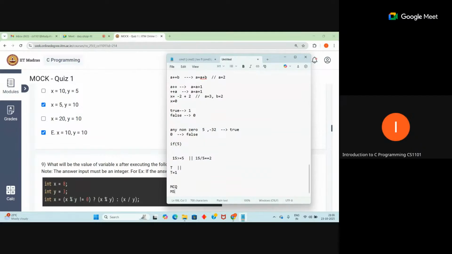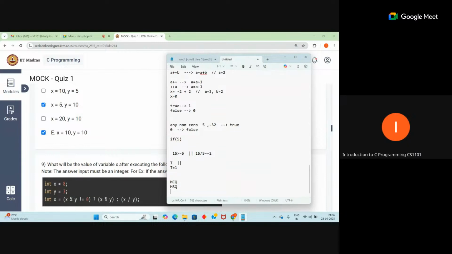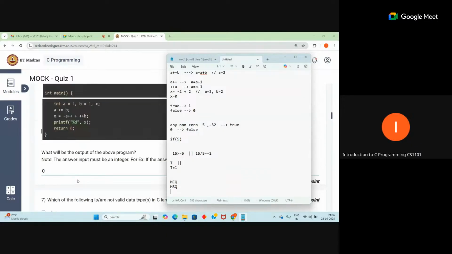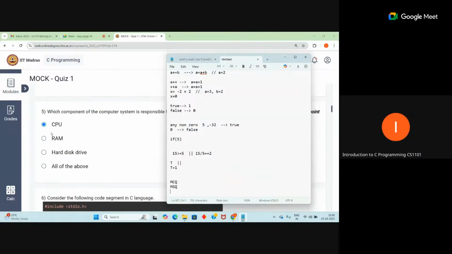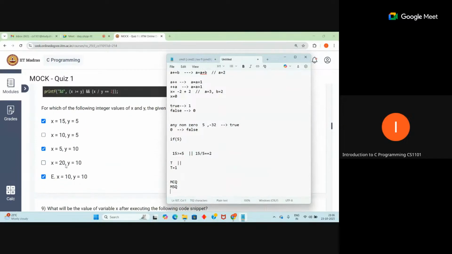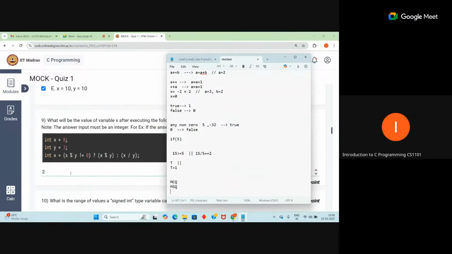MSQ means multiple answers might be right, a multi-select question. Here, this question has 3 answers, whereas in this case you will have only 1 answer. This is MCQ, this is called MSQ, and this is called a numerical question, so you need to enter some integer value there.